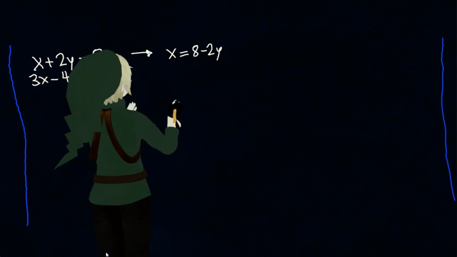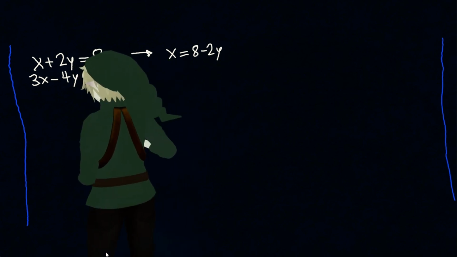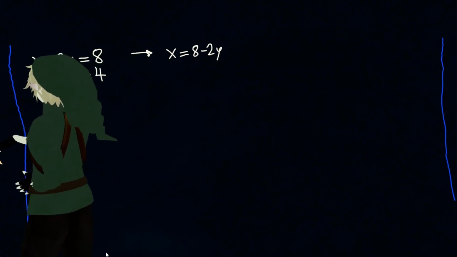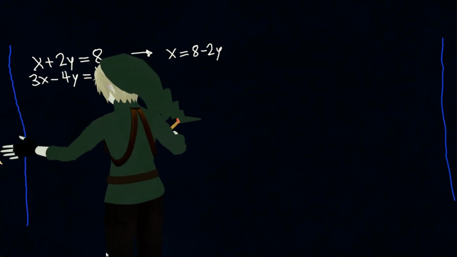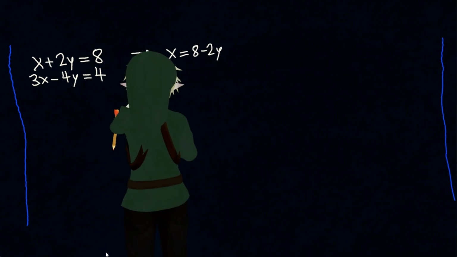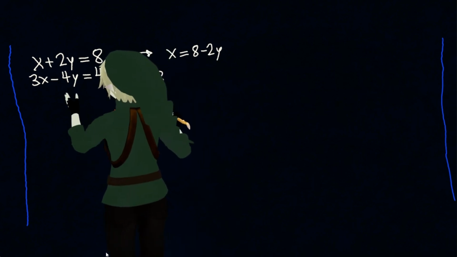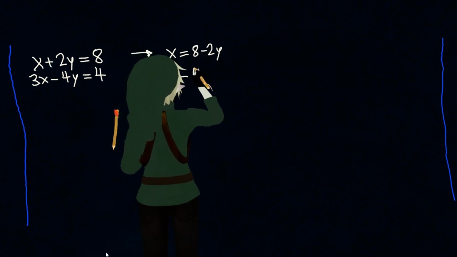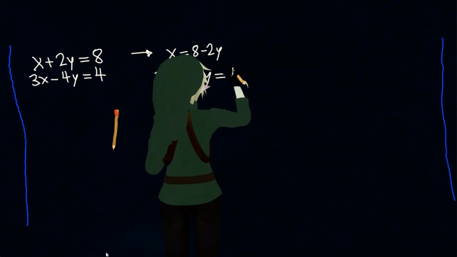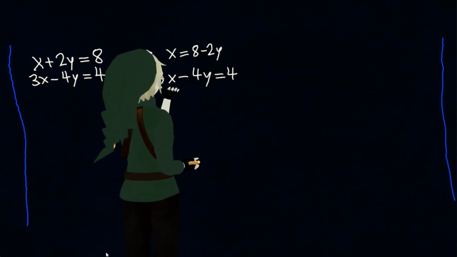Now that we have x equals 8 minus 2y, I'm going to use a different marker, and you'll see why. So here we have 3x minus 4y equals 4. I'm just going to rewrite this. And we can actually plug this into here.